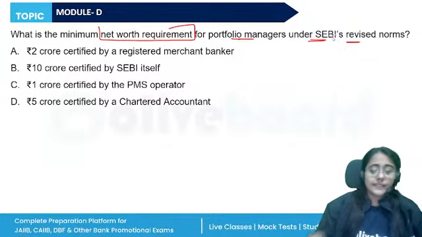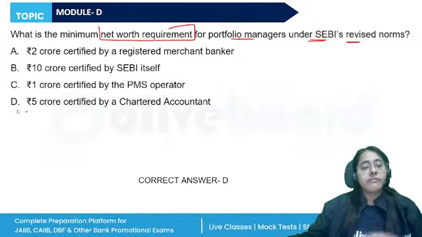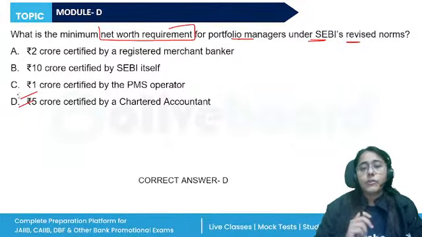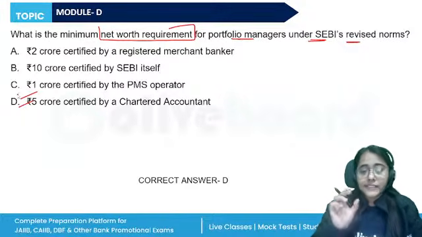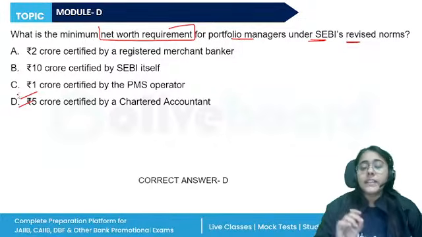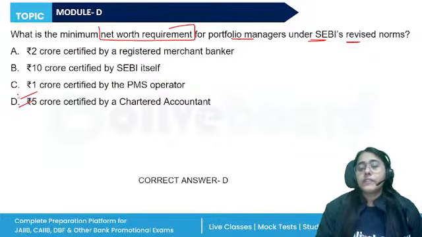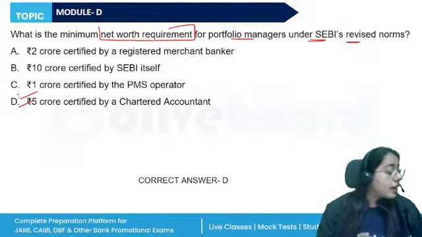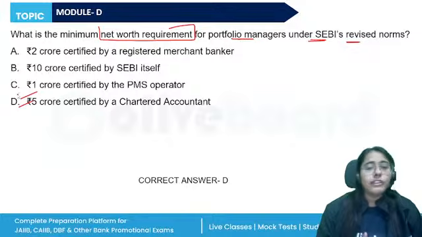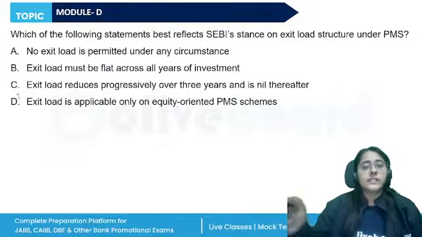Yes, Kamala. Yes, correct. 5 crores certified by the chartered accountant. Correct. A CA has to certify the minimum specified net worth of the portfolio managers of rupees 5 crores. All right, so before distributing the product, the service, this has to be certified.